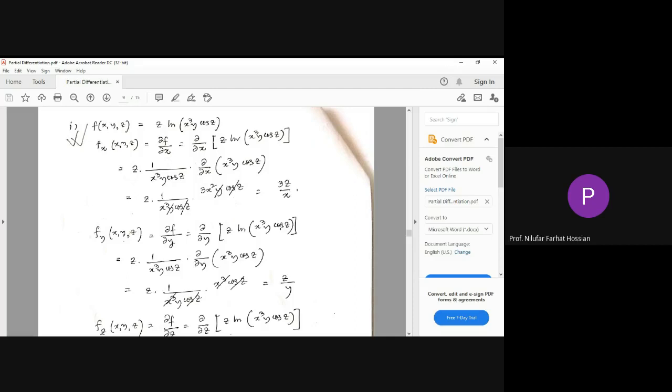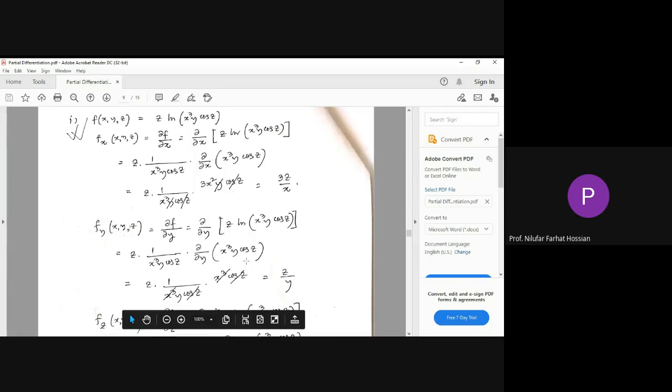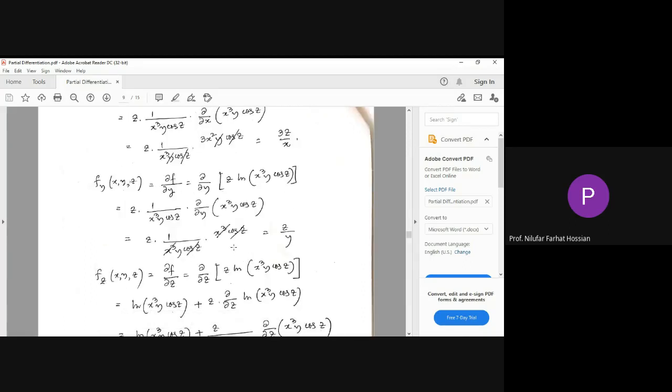Because this is not simply y, it is x cube y into cos z. So this whole thing should be differentiated partially with respect to y. So again, you have to multiply this whole thing by what? Del y of this. So here, which are constants? Please tell me, which are constants? Since we are differentiating with respect to y, x and z are constant. x cube, yes, this x cube is a constant factor and cos z will be constant factor.